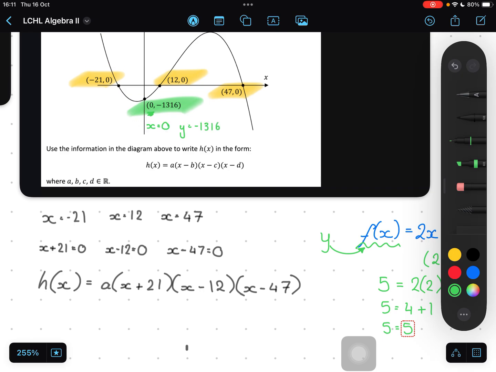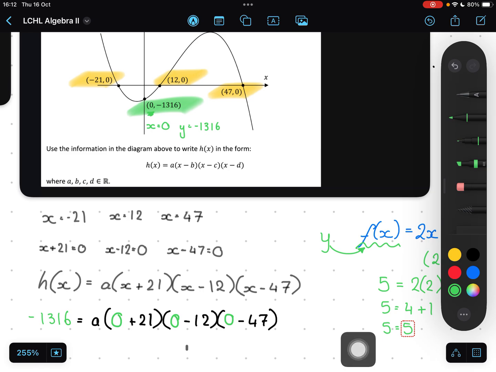So I can fill in for y, or h of x, as minus 1316, and that is equal to a times, so my x value there was 0, 0 plus 21, times 0 minus 12, times 0 minus 47.